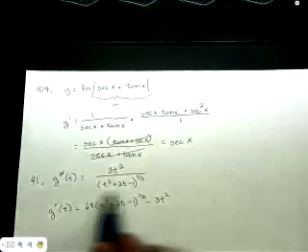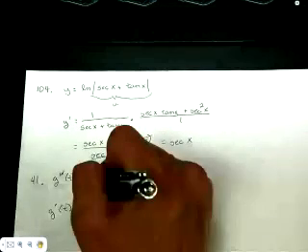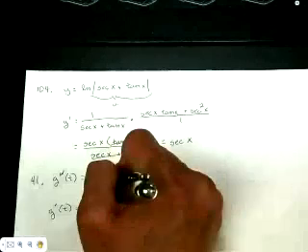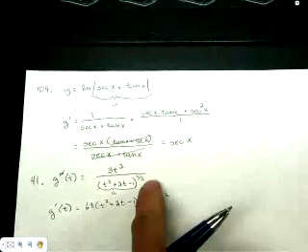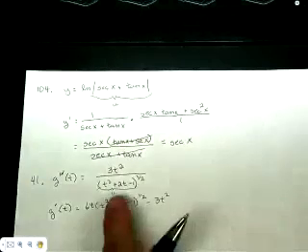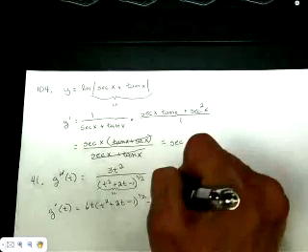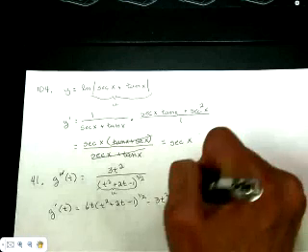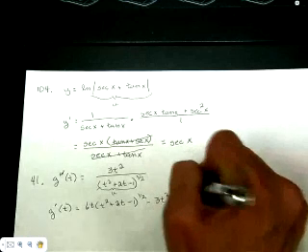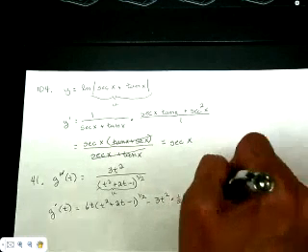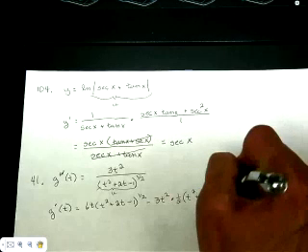And I'm looking at this denominator as being ugly to the 1/2. The derivative of ugly to the 1/2 is 1/2, same old ugly, to the negative 1/2.